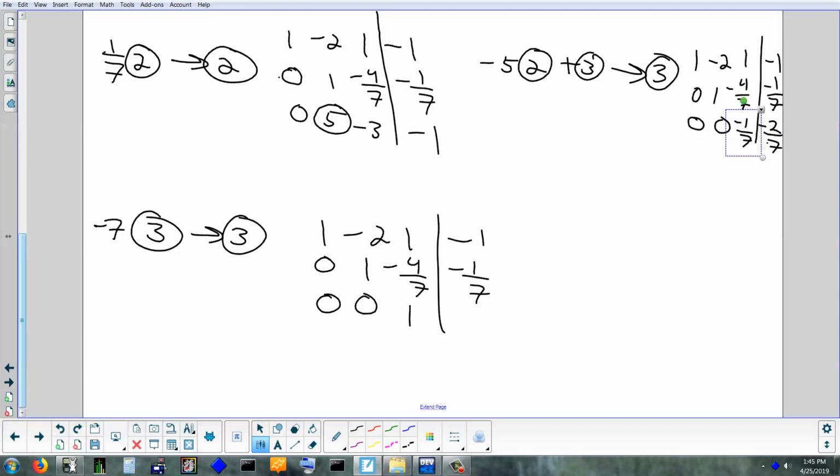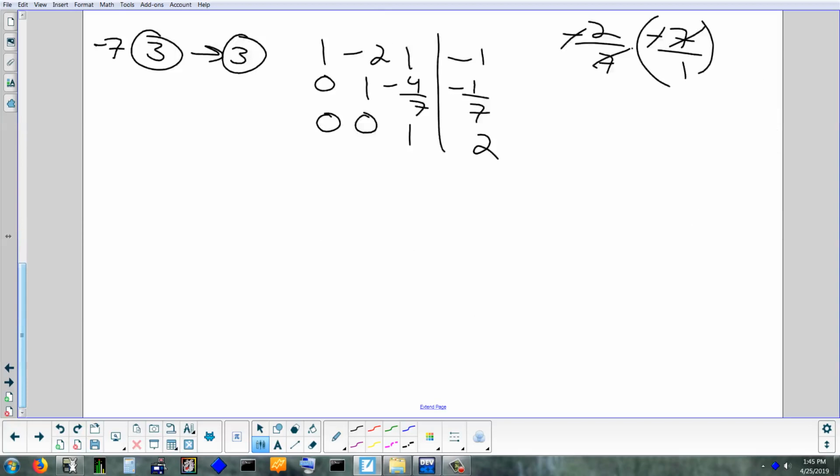And negative 2/7 times negative 7. That's just going to be 2. Because the 7's cancel, negatives cancel, and all you're left with is a 2. So what does the last row tell me? Z is 2.